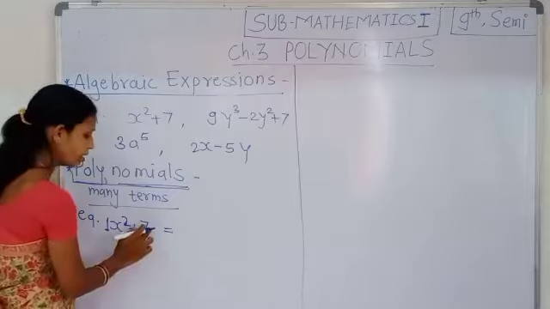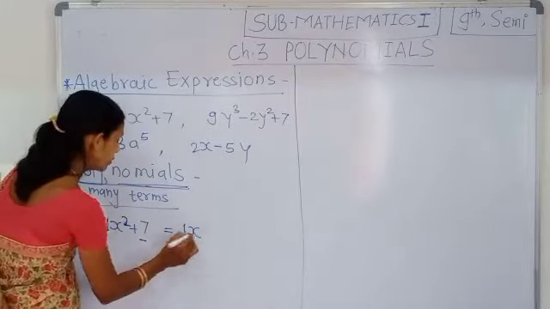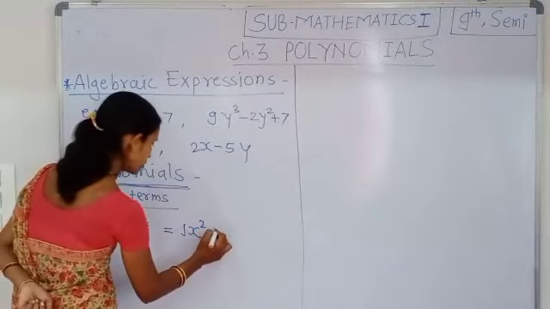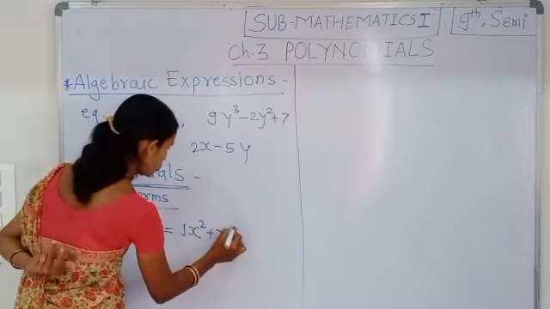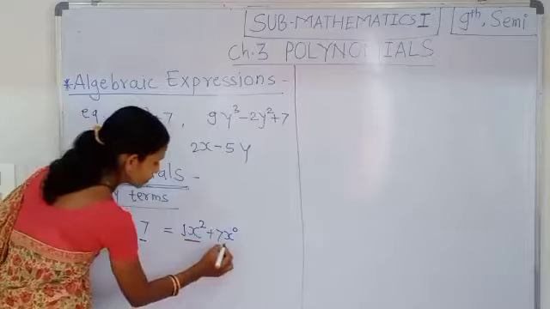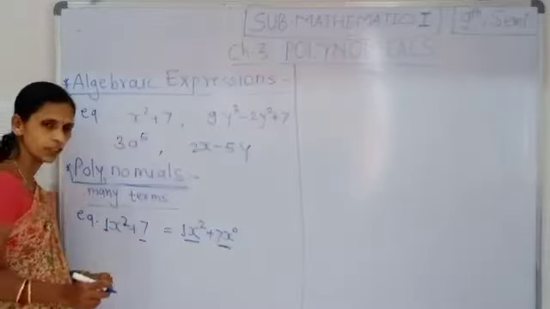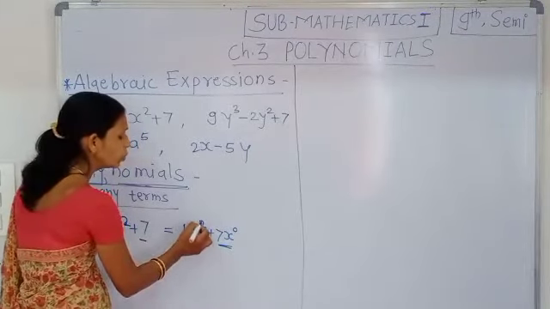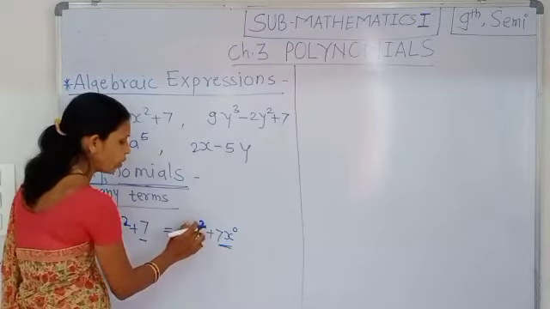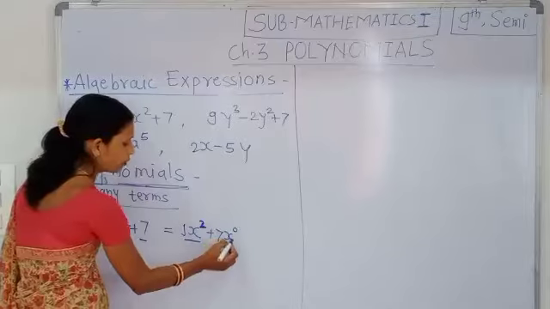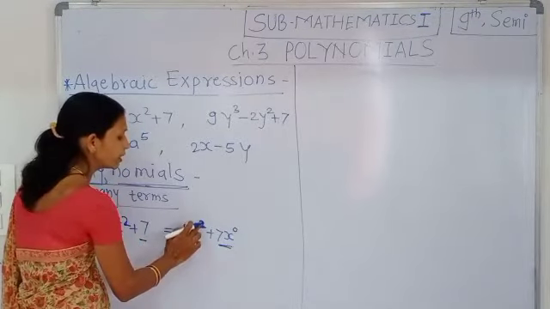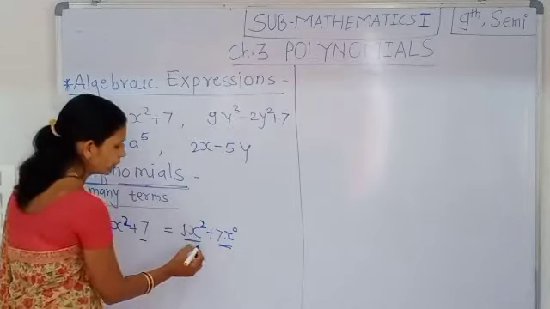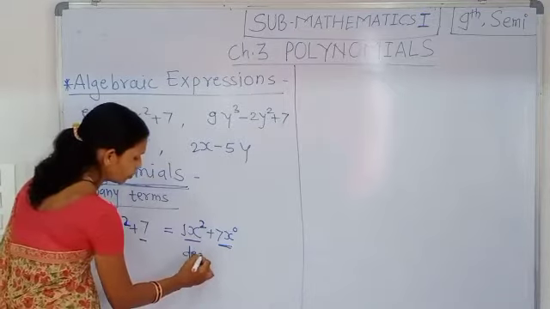We can't see the variable here, therefore we can express this polynomial in the form 1x square plus 7x raised to 0. There are two terms in this algebraic expression, and the degree of x is 2 in the first term and 0 in the second term. The highest degree seen in this expression is the degree of the polynomial.